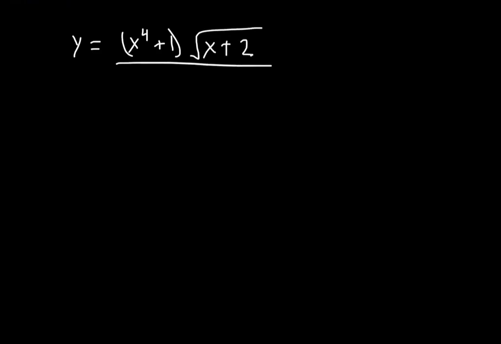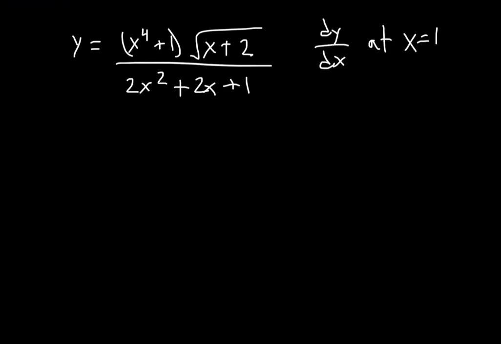Let's say y is equal to (x to the power 4 plus 1) times the square root of (x plus 2), all over 2x squared plus 2x plus 1. This time you have both a product and a quotient.